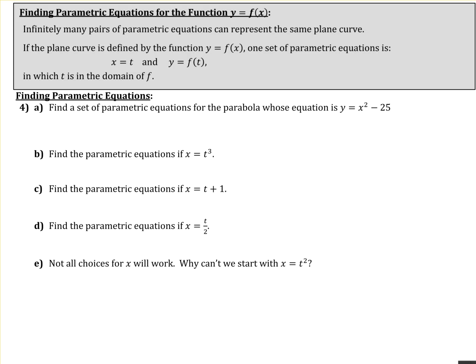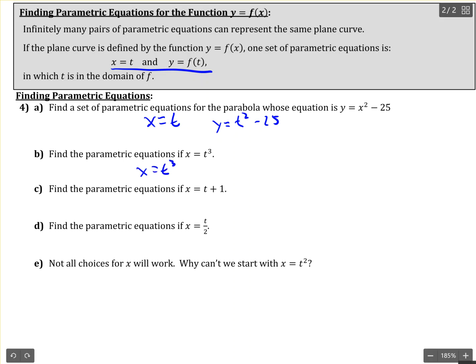If x equals t, then y equals t squared minus 25, and I'm good. What if x equals t cubed? Now y equals t cubed squared minus 25, so I get t to the 6th minus 25.